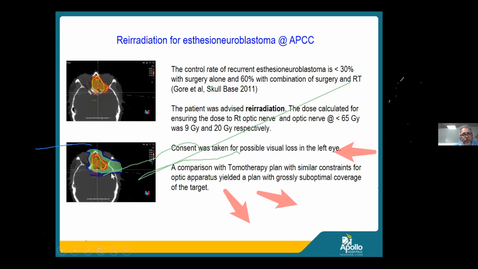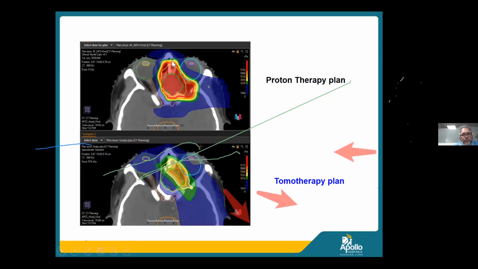We generated a proton plan, and we also generated a very high precision tomotherapy plan. You can see the difference, the beautiful dose distribution of the proton that is needed for the control of the tumor. If we had to achieve this, there was no way we could achieve it with the tomotherapy plan. This was another advantage of protons for this particular case of re-radiation.